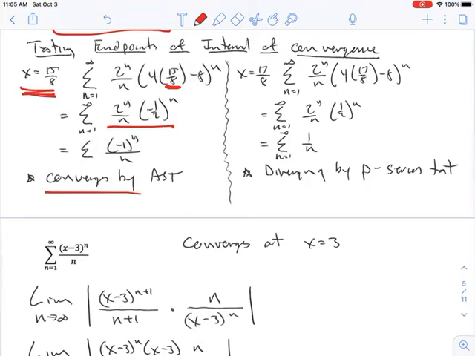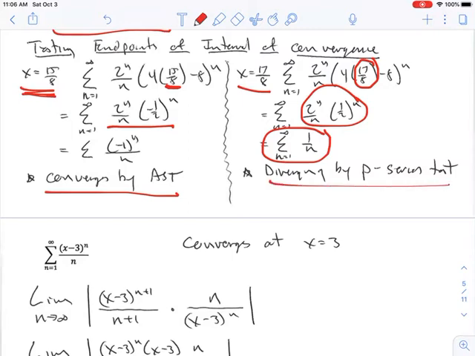And that converges by the alternating series test. Then we test 17/8. We put 17/8 into the series, we evaluate it, simplify it, and we end up with the basic harmonic series 1 over n, which we know diverges, or if we look at it simply as a p-series, then either way, it is a diverging harmonic p-series.